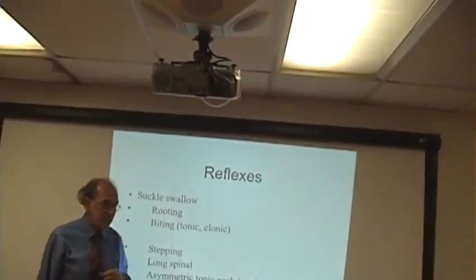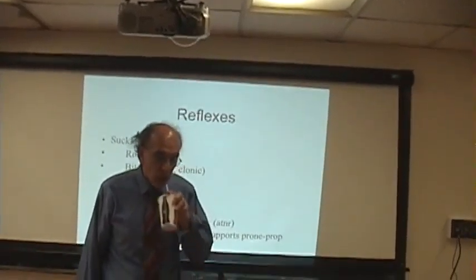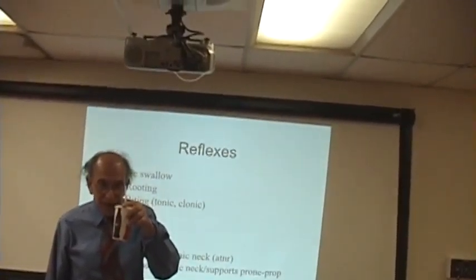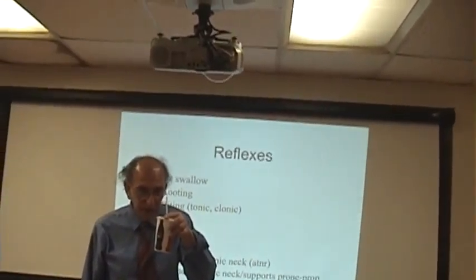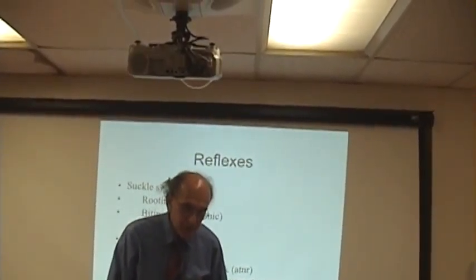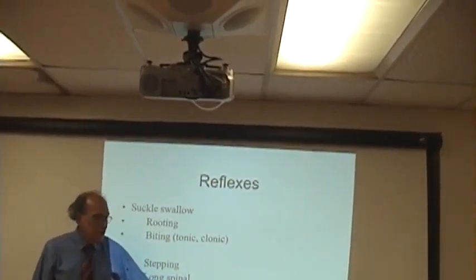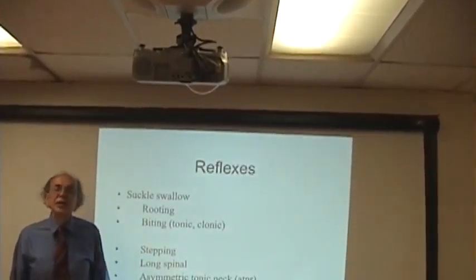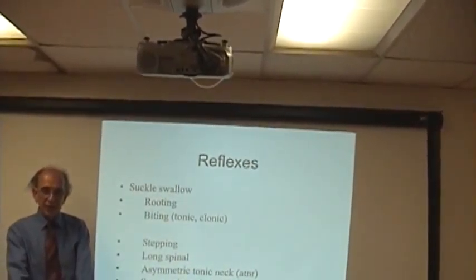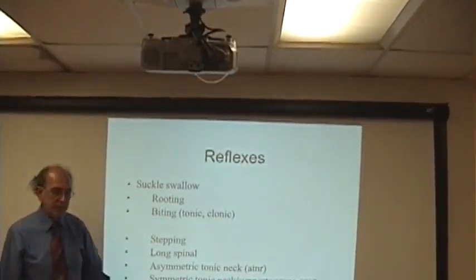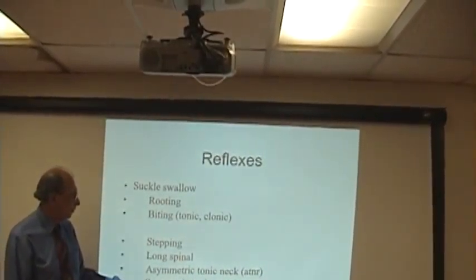But early on, for example, babies can breathe and drink at the same time. By 1 year, they can't do that. They have to sequence. Part of the neck development, the symmetric tonic neck reflex, which allows for extension of the head and neck, and prone prop supports that development.